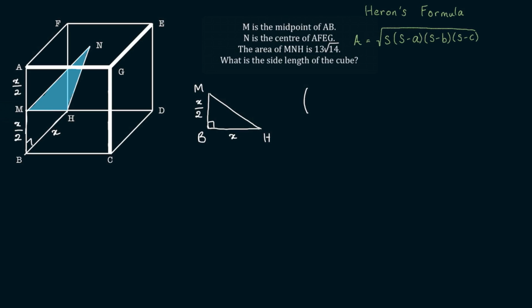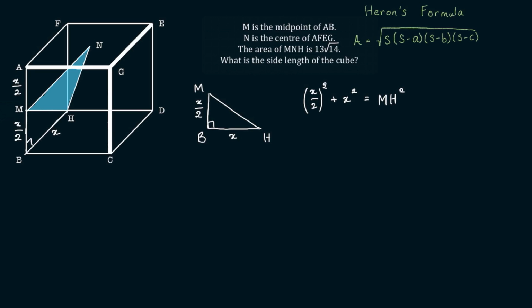So using the Pythagorean theorem, we can say (half of x) squared plus x squared, those are the two legs, it's going to equal the hypotenuse squared, which is MH.